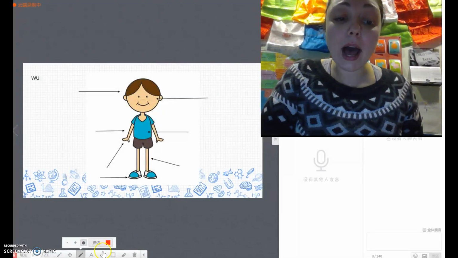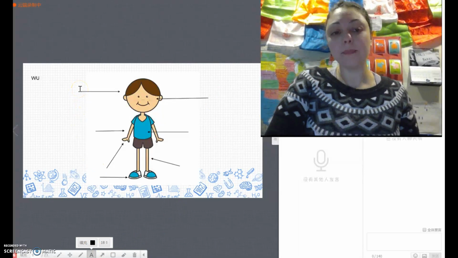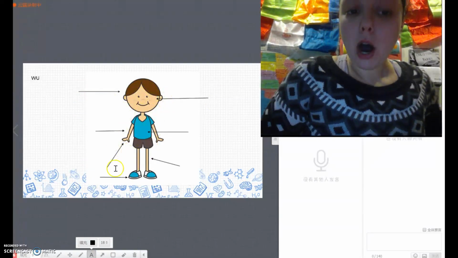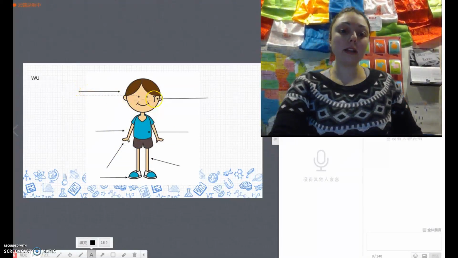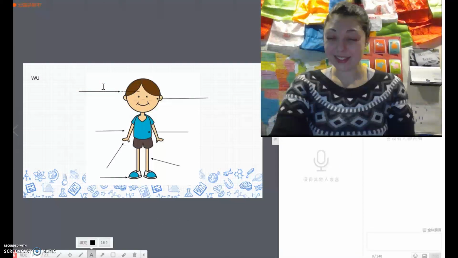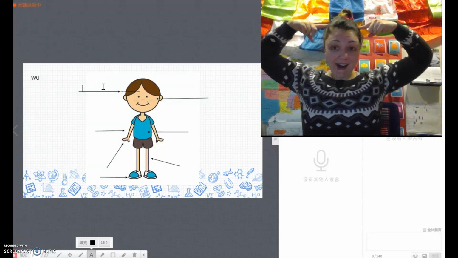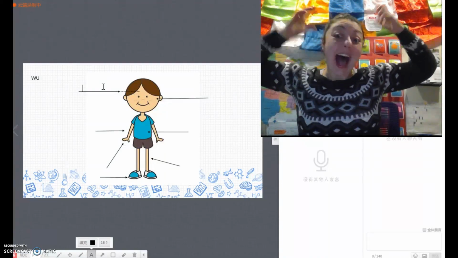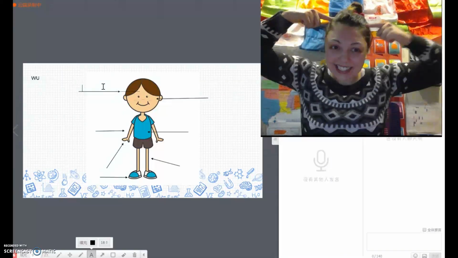Okay, so now let's together label the parts of the body on our friend here. So let's start at the top. First, we have our head. Good. Head.